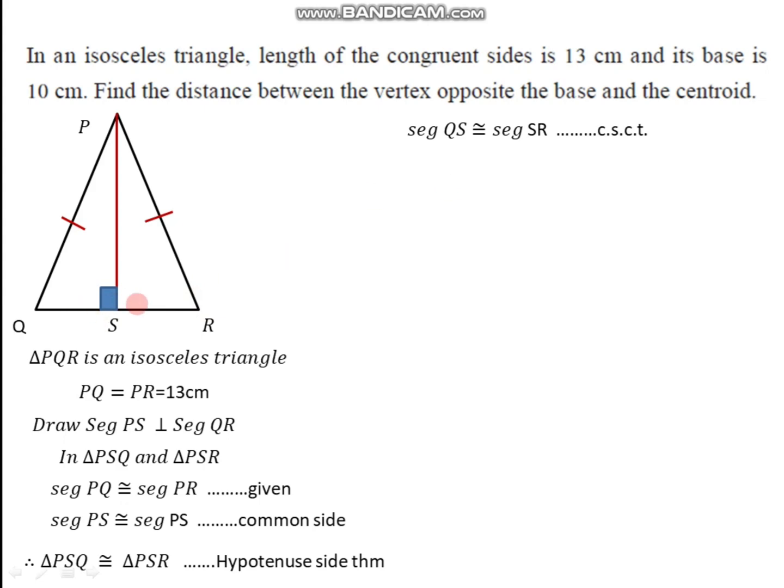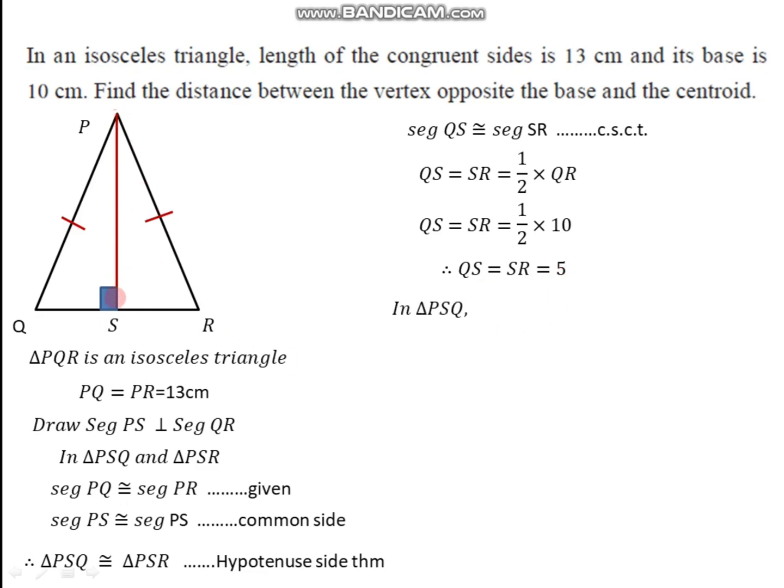Now we have QS congruent to SR. That means QS must be equal to SR, which must be equal to half of QR. Replacing QR by 10, QS is equal to SR is equal to half into 10. Dividing 10 by 2, we get 5. So the length of QS and SR is 5.